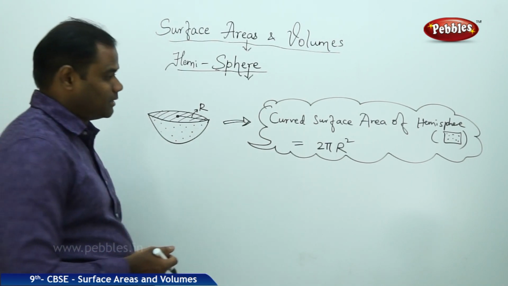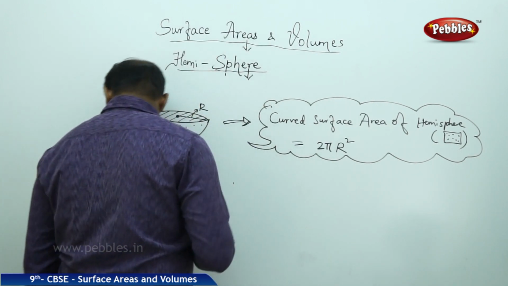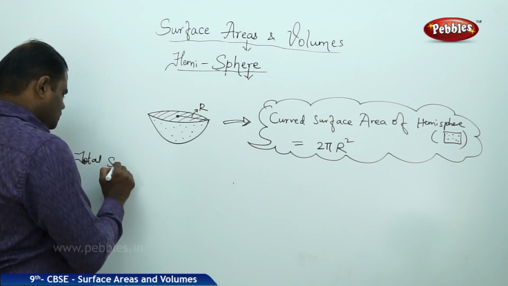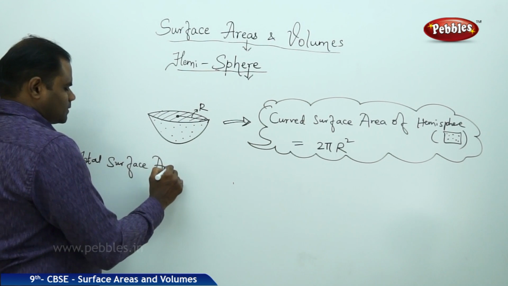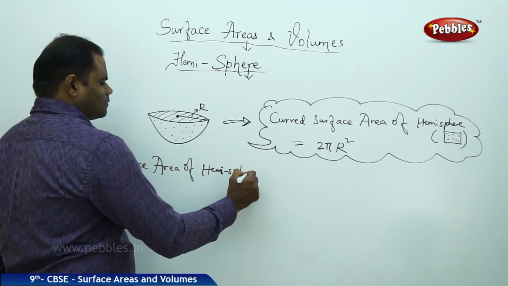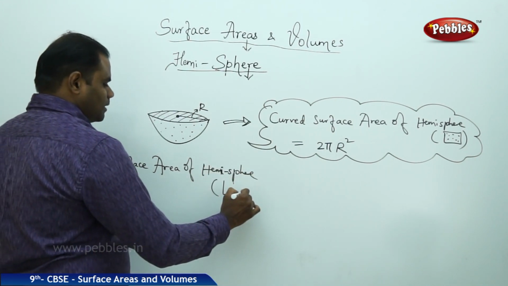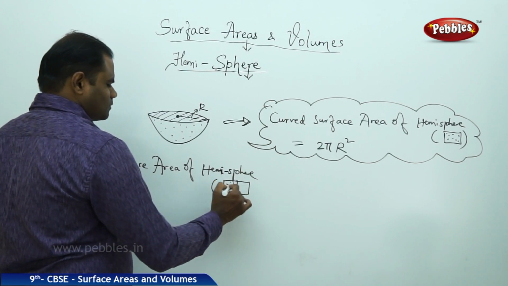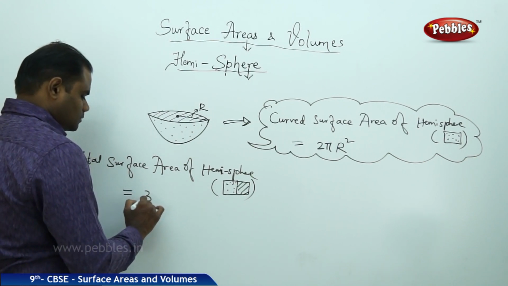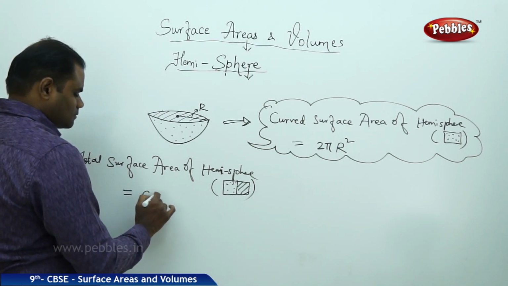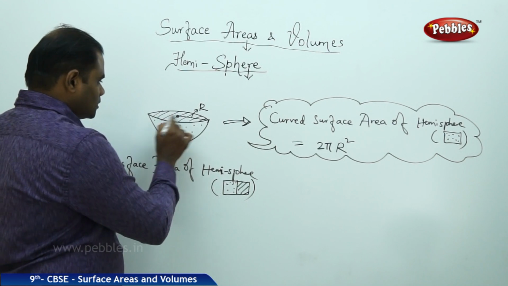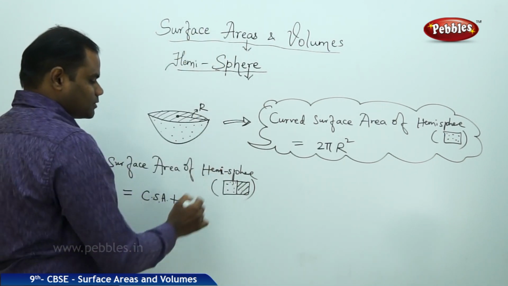Let's see the total surface area. Now next comes the total surface area of the hemisphere, as given by the two regions, one is the dotted, one is this. It is the curved surface area, which is the dotted, plus the area of the circle, which is given by this region.